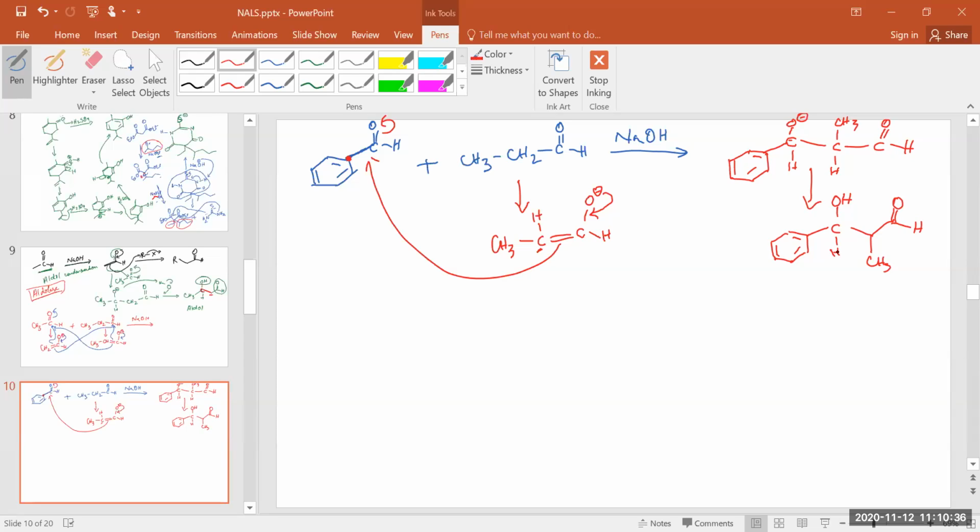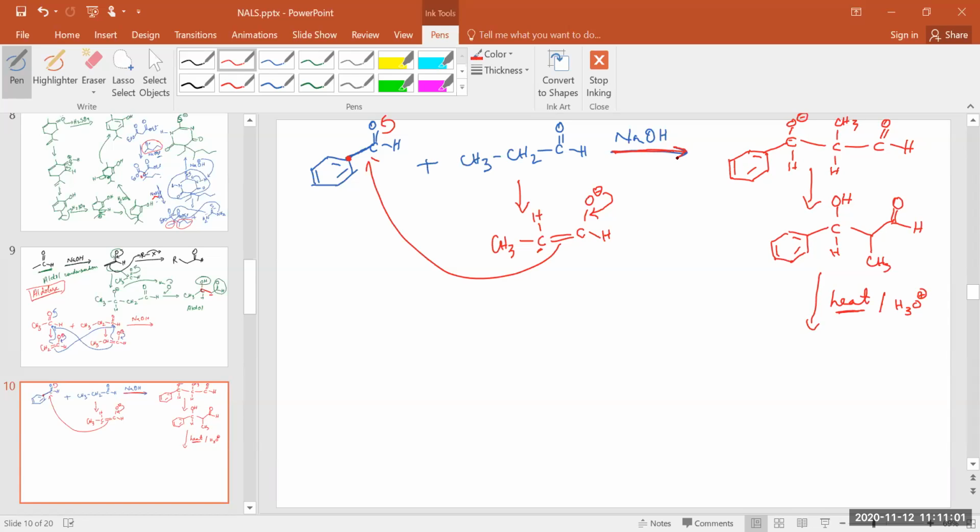Now, if you do the reaction at room temperature, the reaction will stop here. If you heat it or treat with an acid, heat or acid. I'm showing you guys with the heating. So the condition is basic. Do you see?